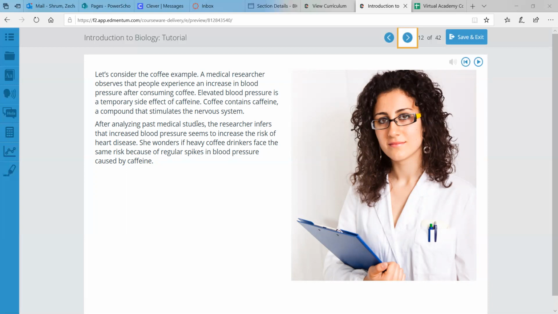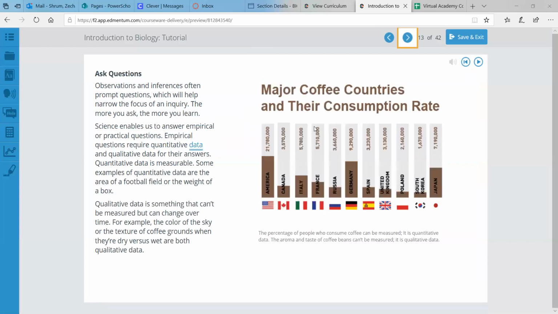So she wonders if heavy coffee drinkers face the same risk because of regular spikes in blood pressure caused by caffeine. So observation led to questions.